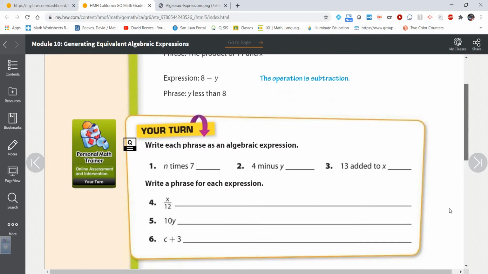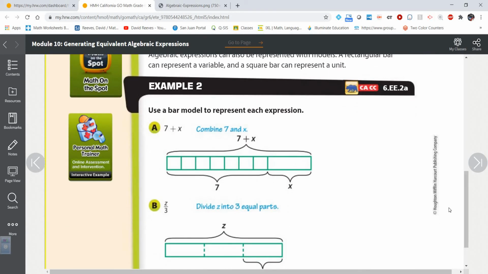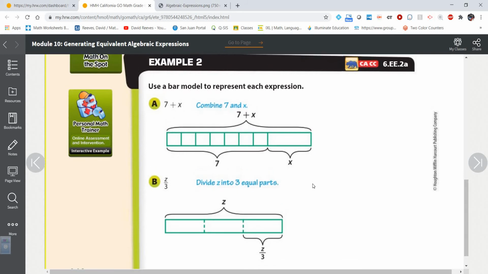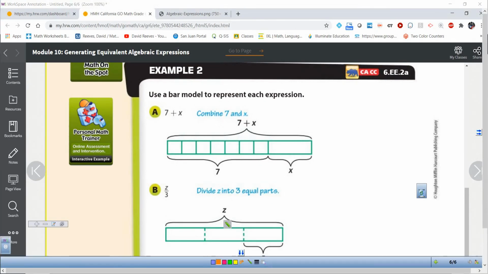All right. Okay. Diagrams. One of the things the book likes you to be able to do is to solve problems and represent problems with diagrams. So if you take a look, and we've done some of these with percentages, we did these bar models. 7 plus x. So if you take a look right here, remember 7 is a constant.